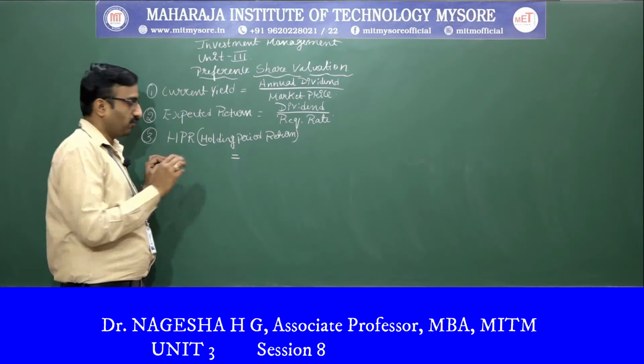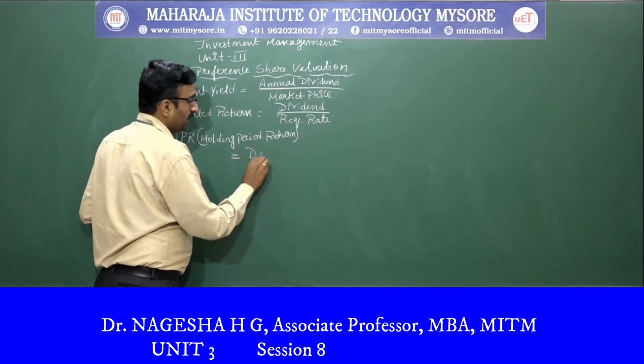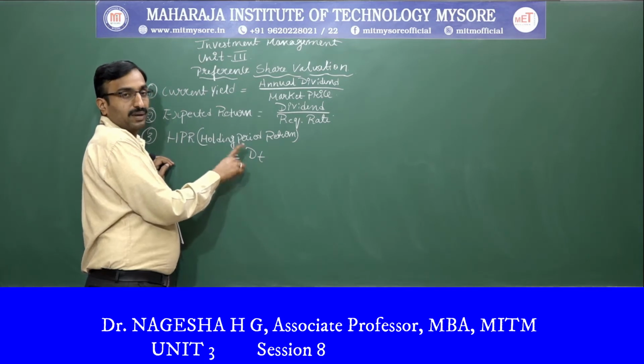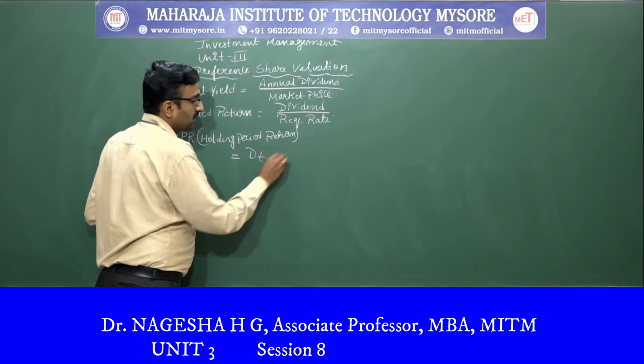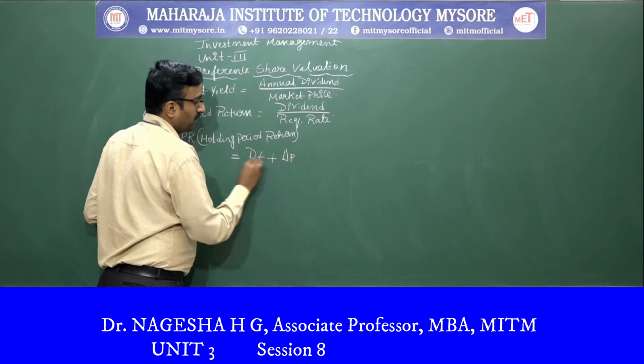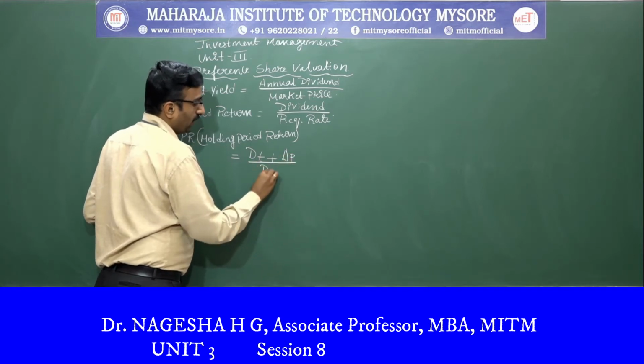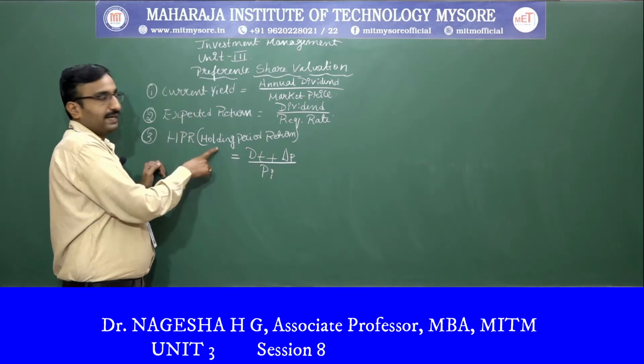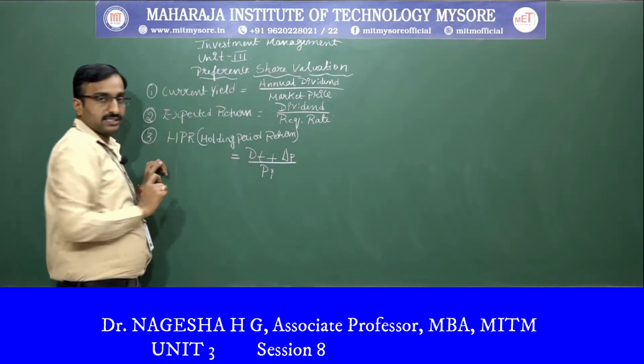We apply the formula HPR equals DT plus delta P, divided by Pi, where DT is the dividend paid during the planned investment period. We apply this formula to calculate the holding period return of preference shares.